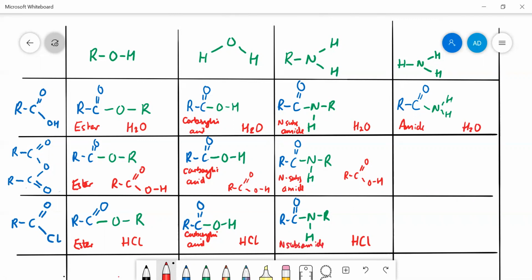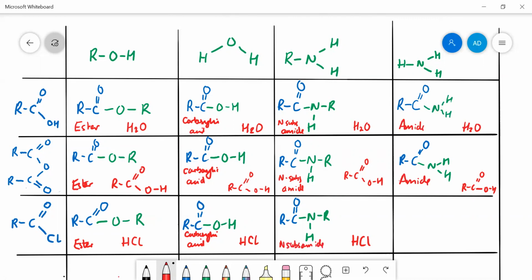With the acid anhydride, the small molecule eliminated is going to be a carboxylic acid, and we're going to make an amide again. So let's draw that down. The small molecule is going to be the carboxylic acid, doing red every time, and this is going to be an amide, the name of the organic product.